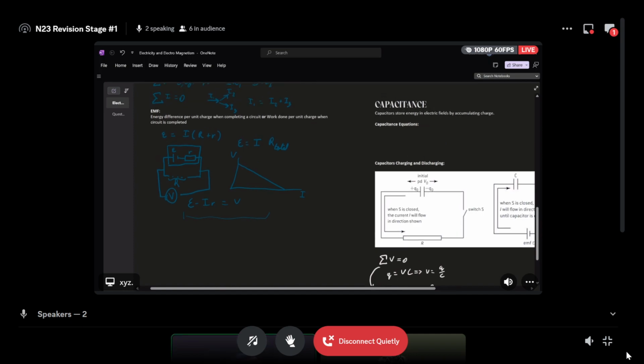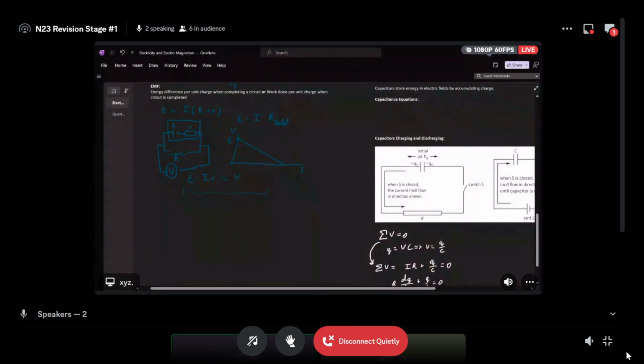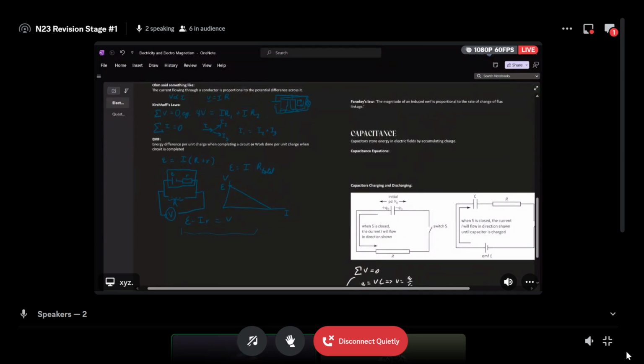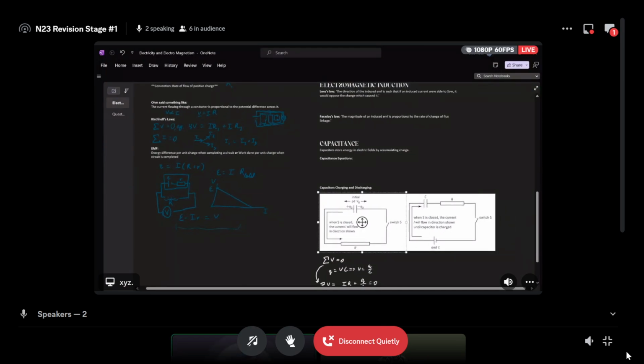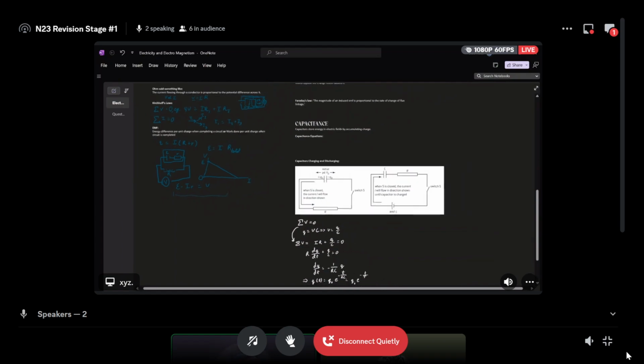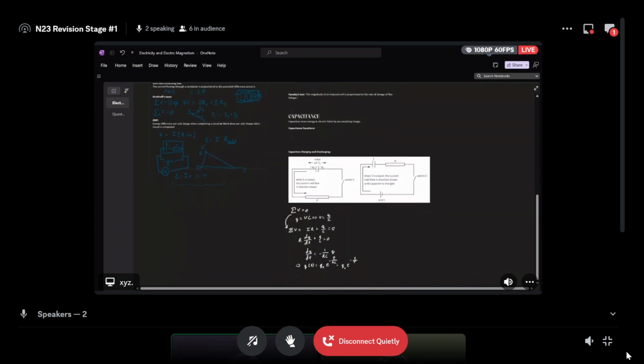And you essentially are then required to solve for little r. And you're also required to solve for E, which will be this. And little r will be your gradient. You guys know how to do that. Okay. Yeah, and that is that.